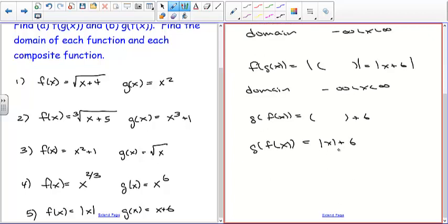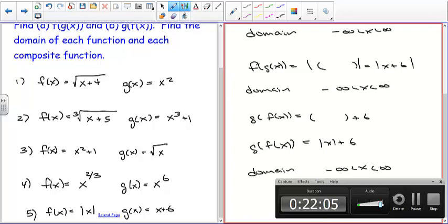So again, we really can't simplify it any further. But are there any values of x where I can't evaluate this function? The answer is no. So that means it must be valid for all real numbers.